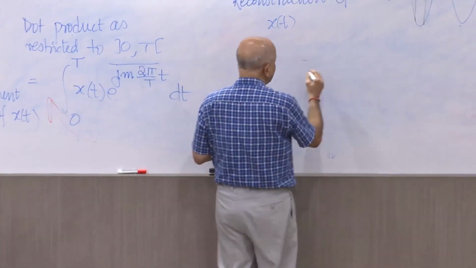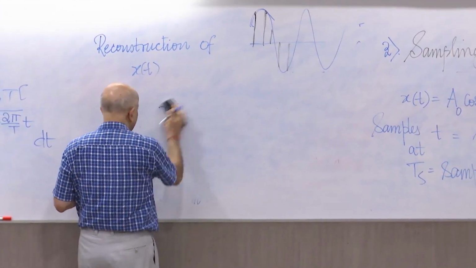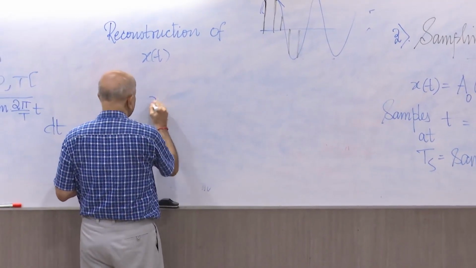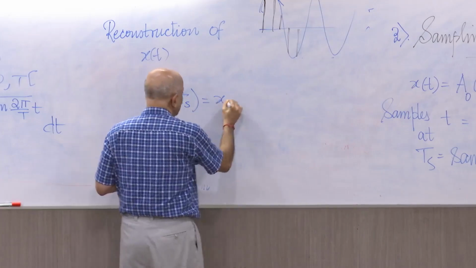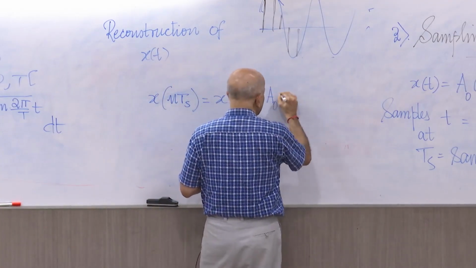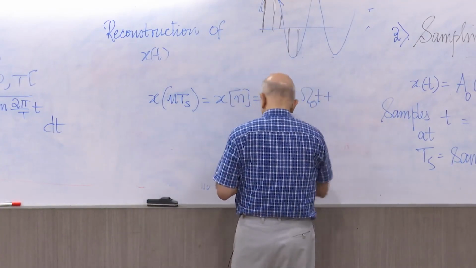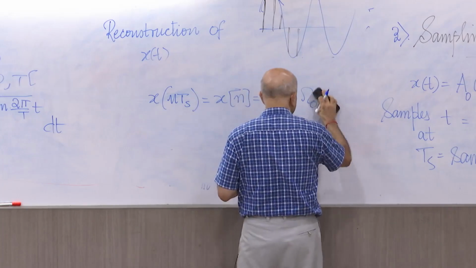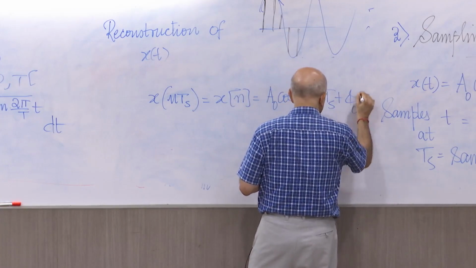Take these nth samples. You have x of nts, which you could call x of n, the nth sample, to be A naught cos of omega naught t plus phi naught, with t replaced by nts. So omega naught nts plus phi naught, right?